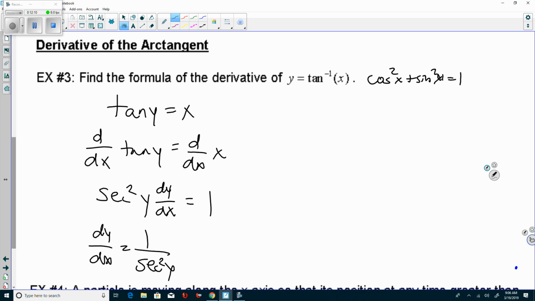We need to get secant. What's the identity for secant? Secant is 1 over cosine. So if we have 1 over cosine, that means we have to divide everything by cosine squared x.